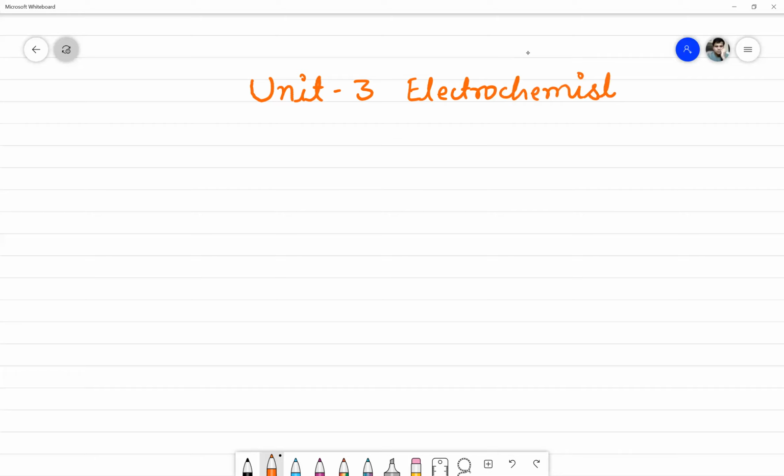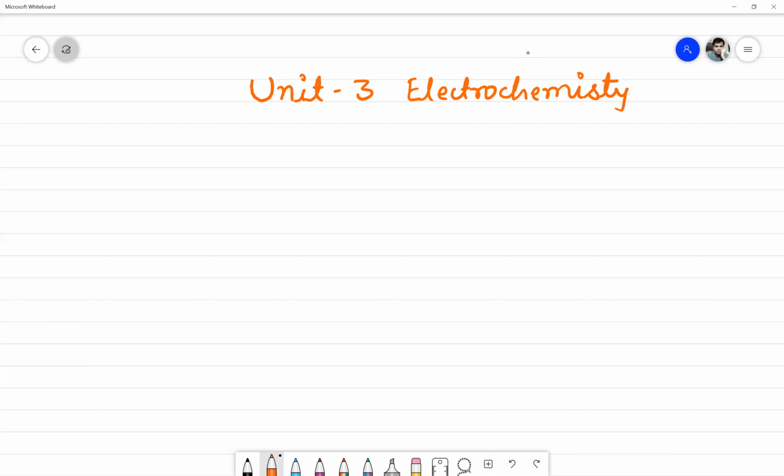In this unit, you will learn about the different types of electrochemical cells, right? And we will also learn about the different types of electrodes and use of these electrodes. And also we will learn about the different types of batteries and the corrosion part also. Okay, so first let's see what is electrochemistry.